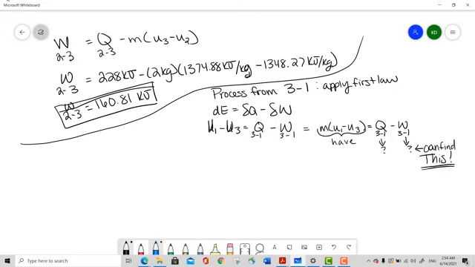Okay, and how do we find this? Well, we know that work equals the integral of P dV, no exception to this. Let's do our volumes.